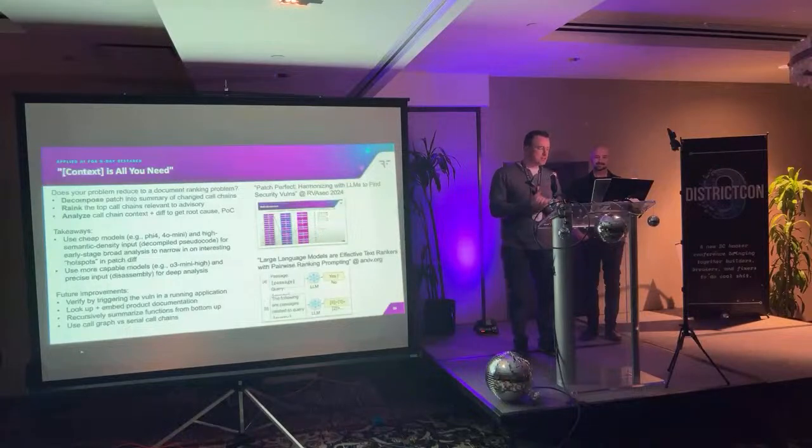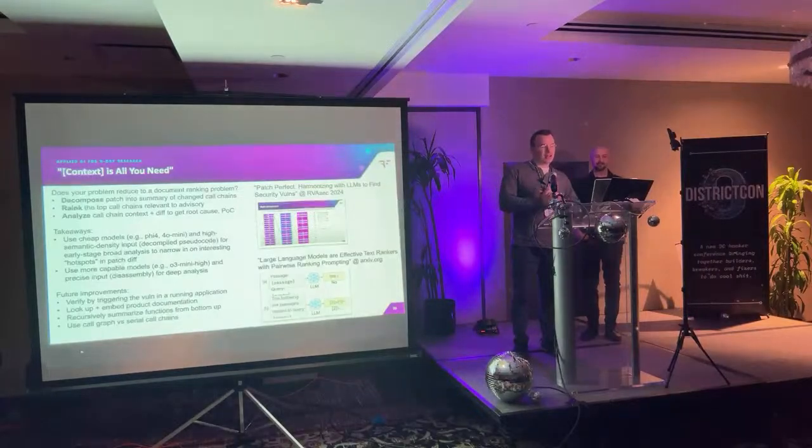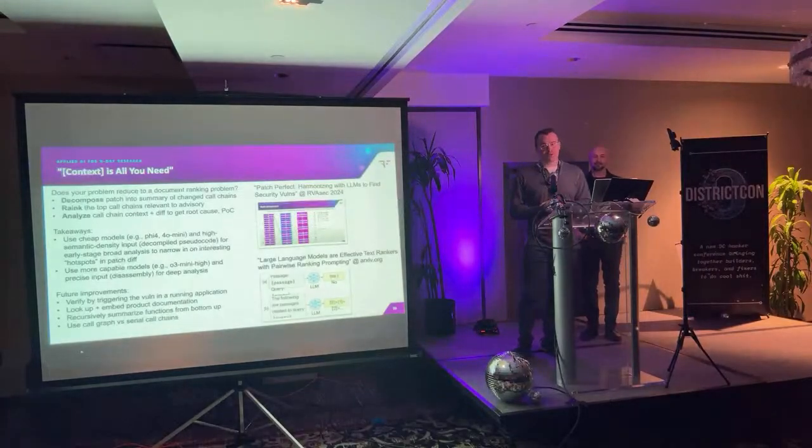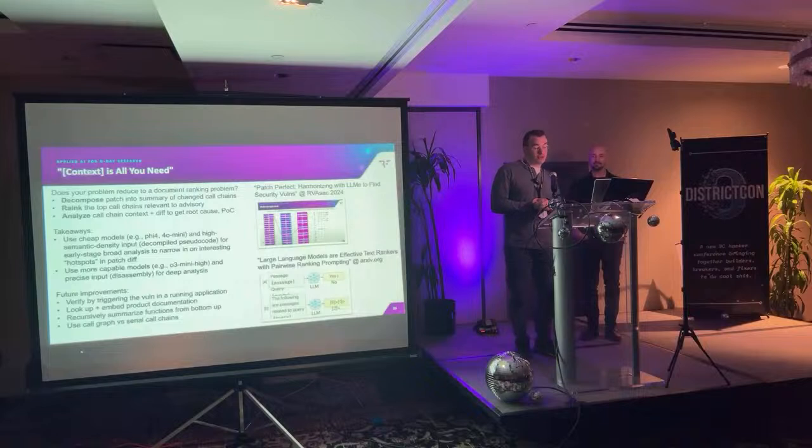There are lots of other things you can do, like embedding product documentation for more context. I've said that word a lot, and it's quite important. If a large or medium or small language model isn't working effectively for your problem, you should consider: have you decomposed it enough, and are you providing all the context that you can?